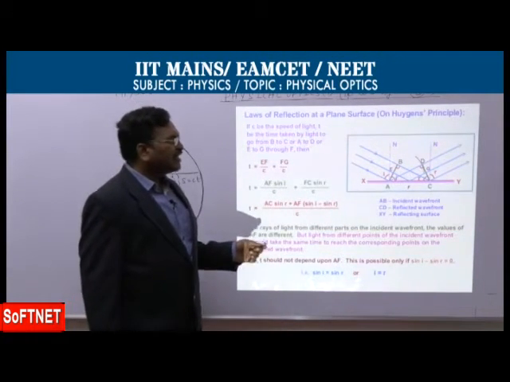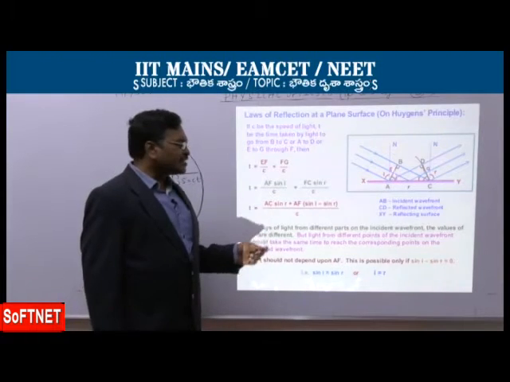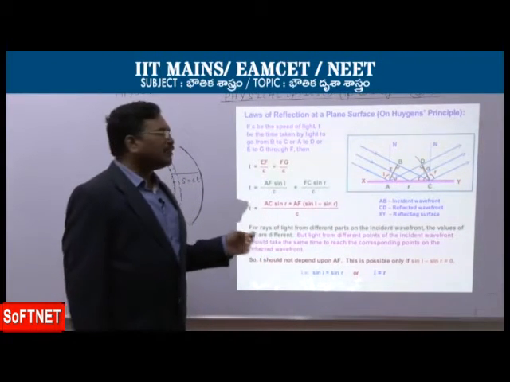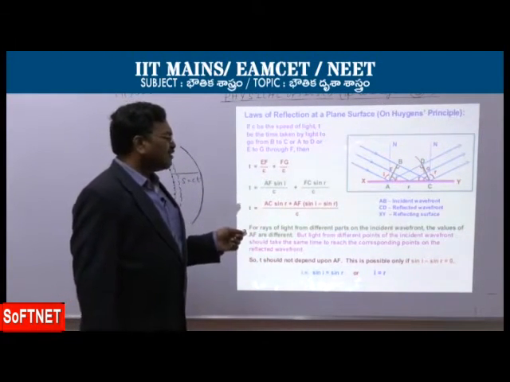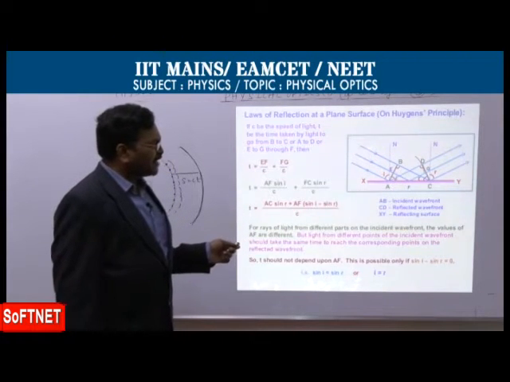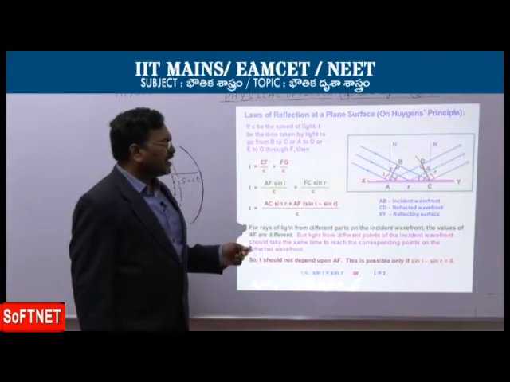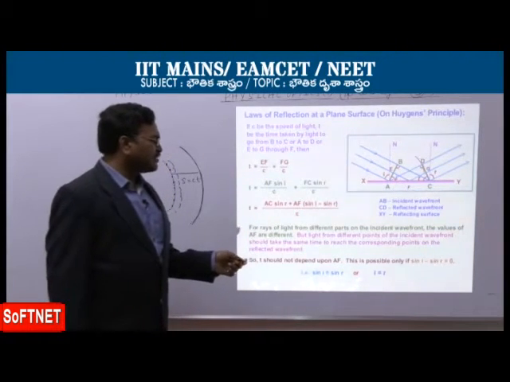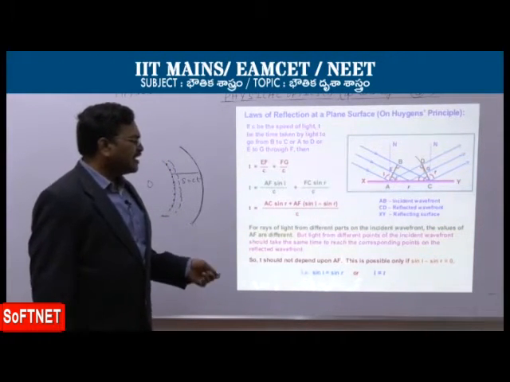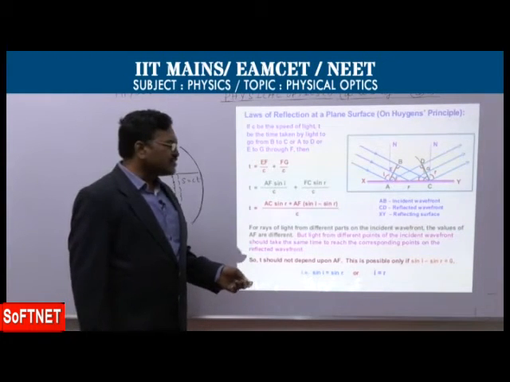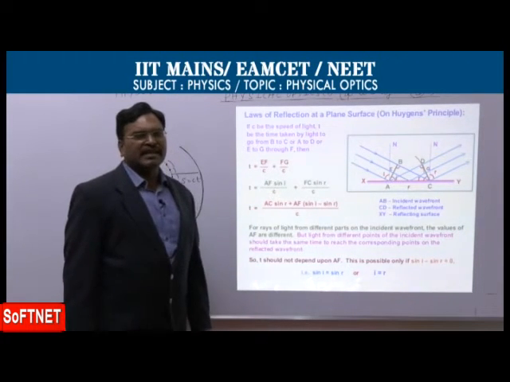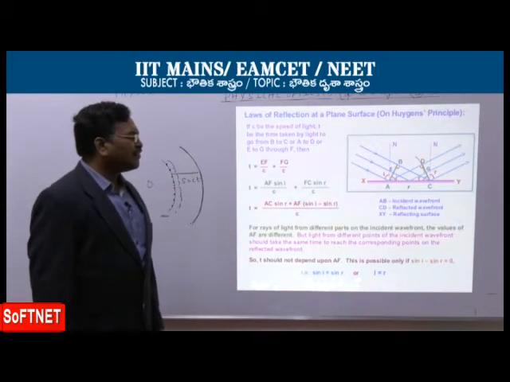This phenomenon is explained by Huygens with the help of what? Wave theory. Here AB is the incident wavefront, CD is the reflected wavefront, and XY is the reflecting surface. Anyhow, we get angle of incidence equal to angle of reflection.